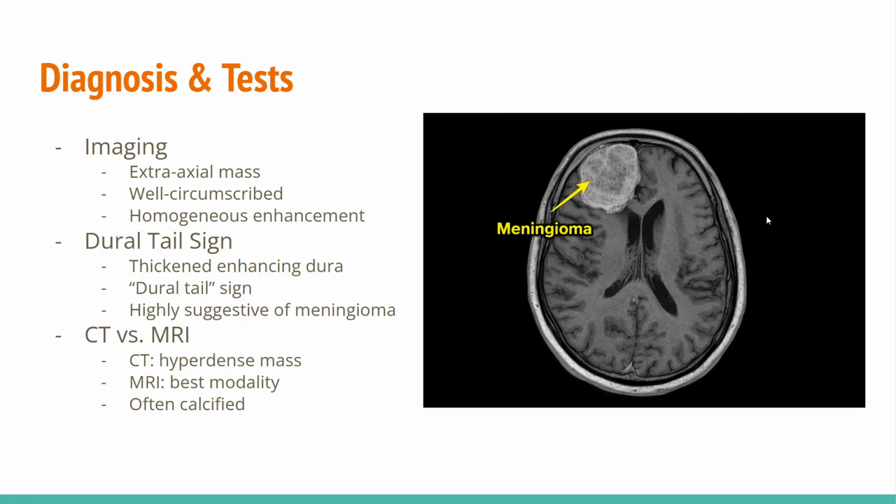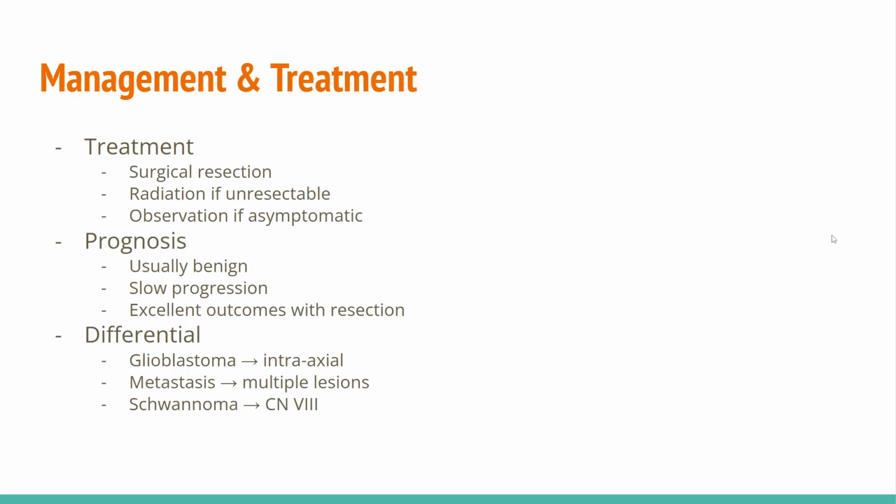But MRI is the best imaging modality, and it shows a well-defined enhancing mass with clear dural attachment. It's important to know that, because if they give it to you on the exam, it can be a real clear indication that you're dealing with a meningioma.